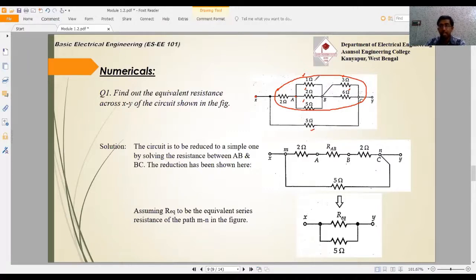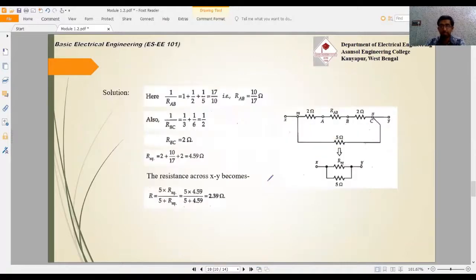Okay, as you can see, 1 ohm, 2 ohm and this 5 ohm are in parallel, so we will solve it by the parallel theorem. So 1 by RAB equals 1 plus half plus 1 by 5, which equals 17 by 10, or the RAB value will be 10 by 17 ohm.